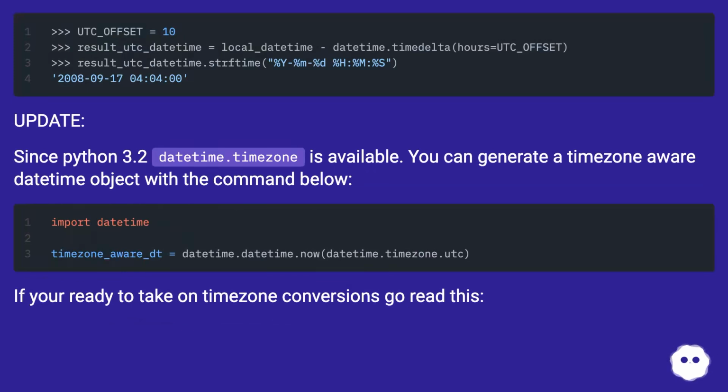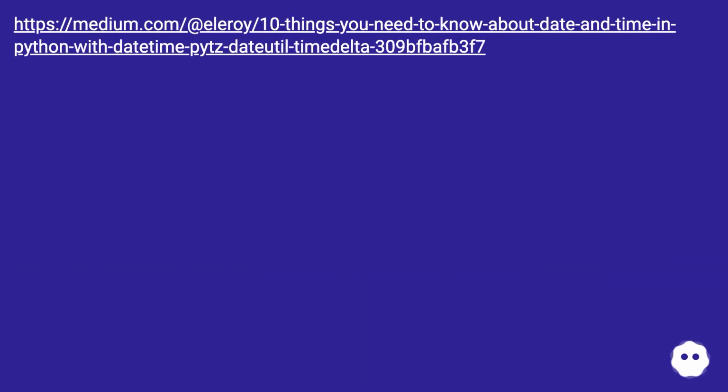Update. Since Python 3.2 datetime.timezone is available, you can generate a timezone-aware datetime object with the command below. If you're ready to take on timezone conversions, go read this URL.